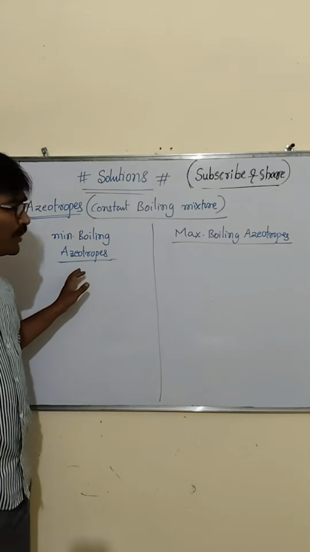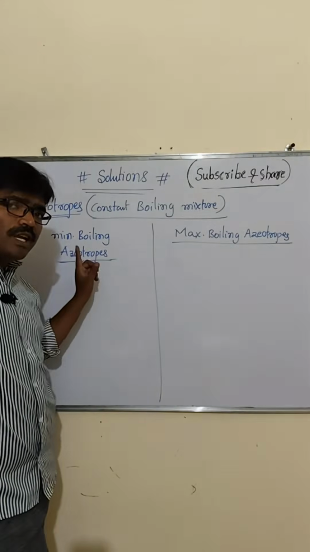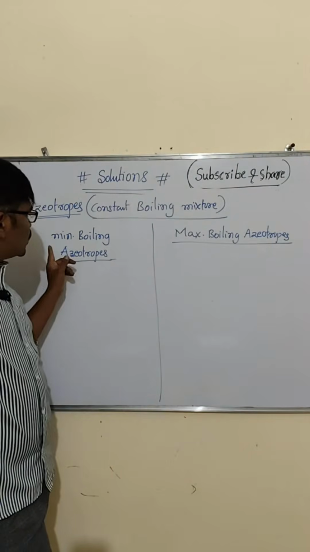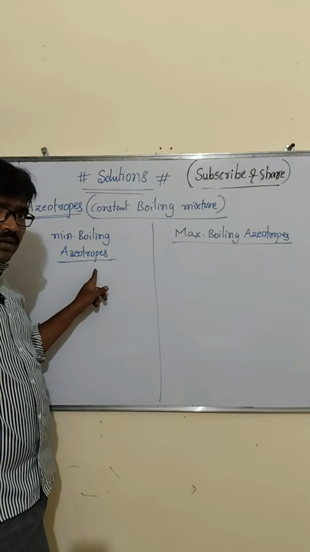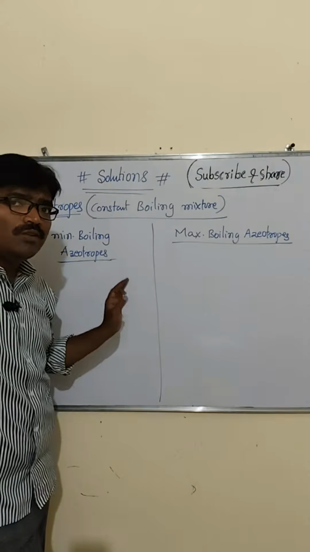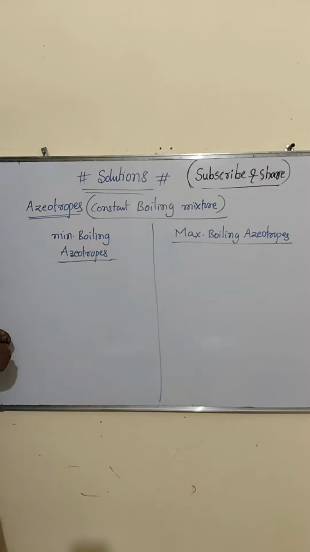The azeotropic mixture which shows large positive deviation from Raoult's law, that we call minimum boiling azeotrope.